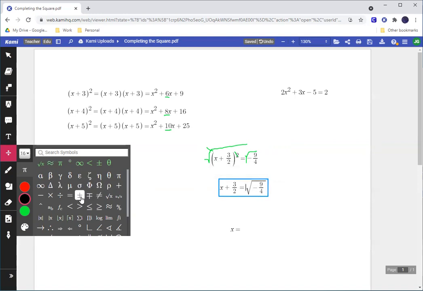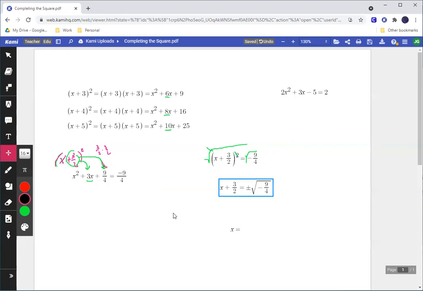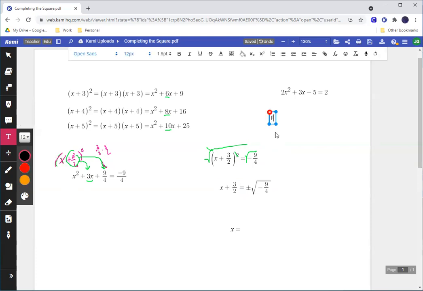Now, this is where knowledge of something called the fundamental theorem of algebra comes into play.